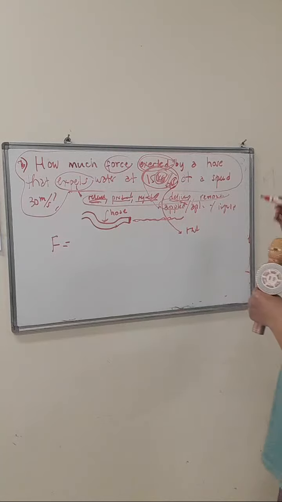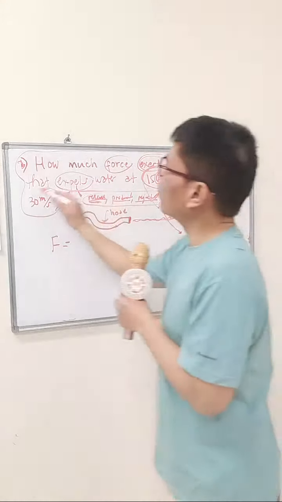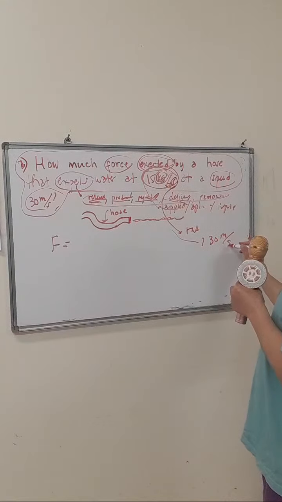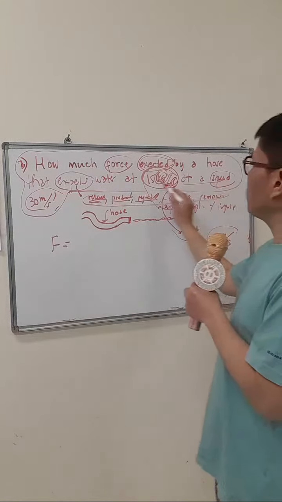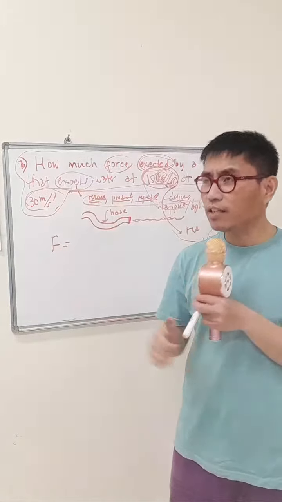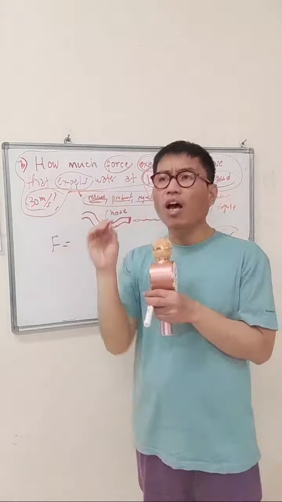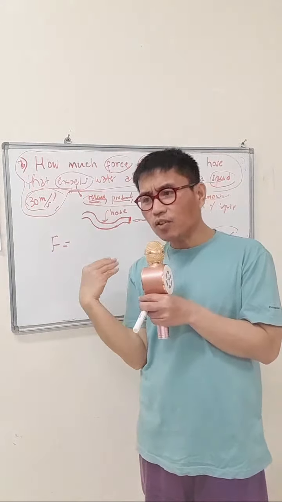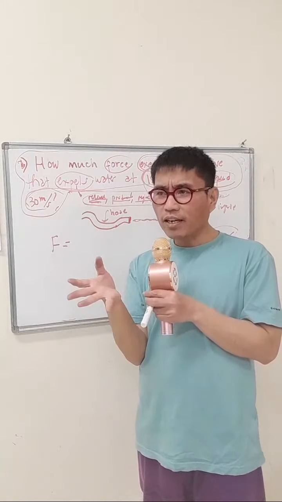Now here we have a speed of 30 meters per second. Take note, guys, the term is only speed, meaning it doesn't involve direction, only the magnitude. It's not particular about the orientation where the water will go, could be north, south, east, west, left, right, up, down.